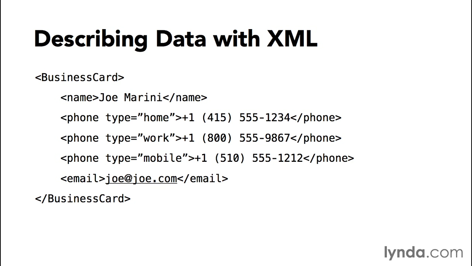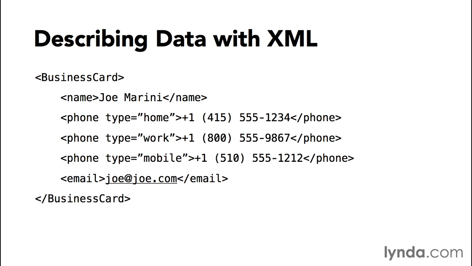Now, you might be looking at this and saying, wait a second, business card tag? Phone tag? I've never seen anything like this. And you're right. Now, if there was a business card XML tag set existing that I could use to solve this data problem, I could go ahead and use it. Now, imagine for a moment that there was no such XML standard.